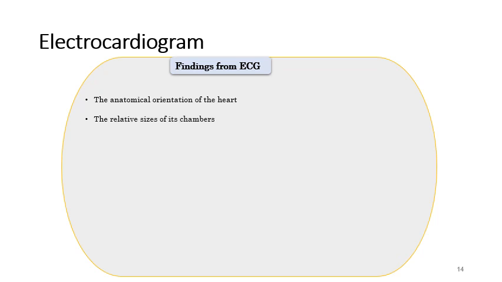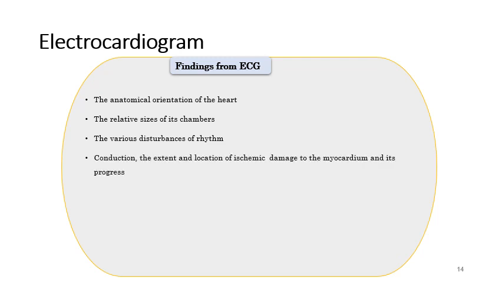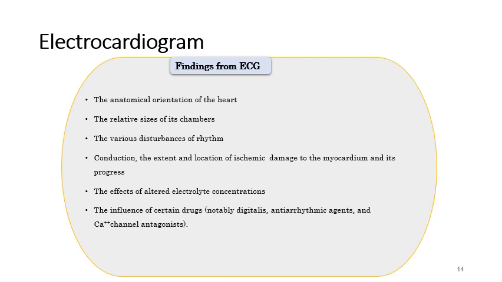Also, we can determine the relative sizes of the chambers, some of the disturbances of rhythm by calculating the heart rate, and any abnormality in the conduction due to ischemia. We can figure that out by the intervals that we talked about. Also, the effect of electrolyte abnormalities, and some of the influence of some drugs that you can learn more about in pharmacology.